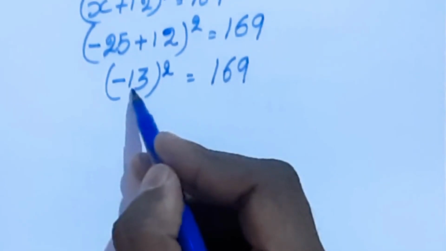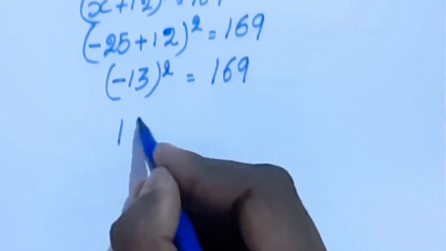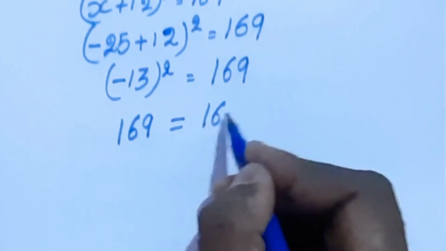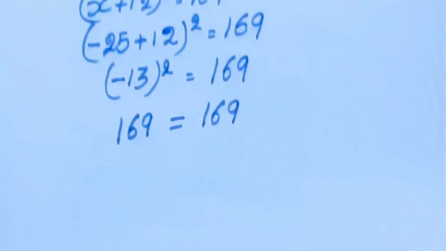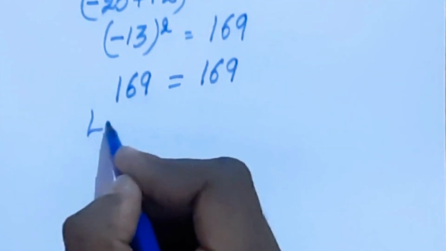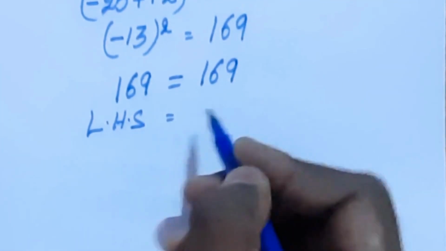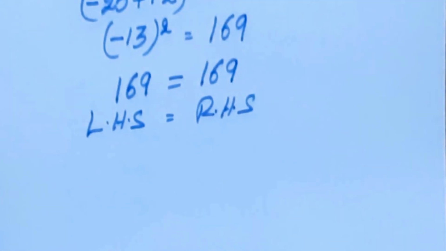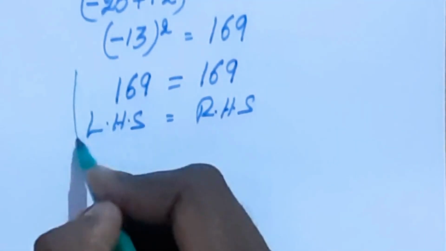Now this 13² is 169, equal to 169. So here LHS equals RHS. Here we have verified in both the x values.